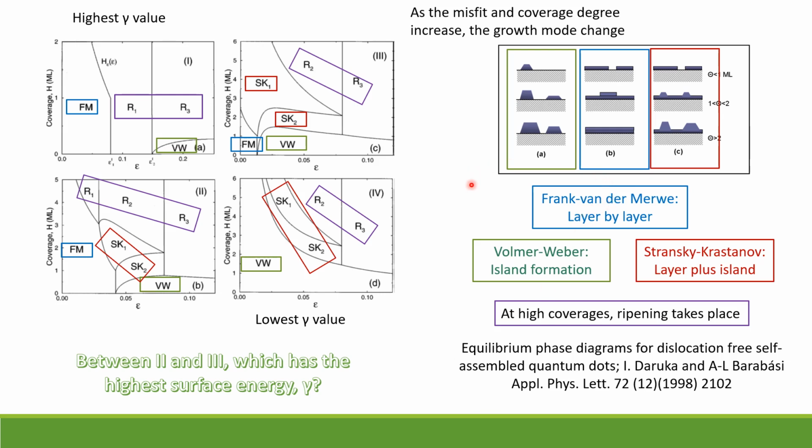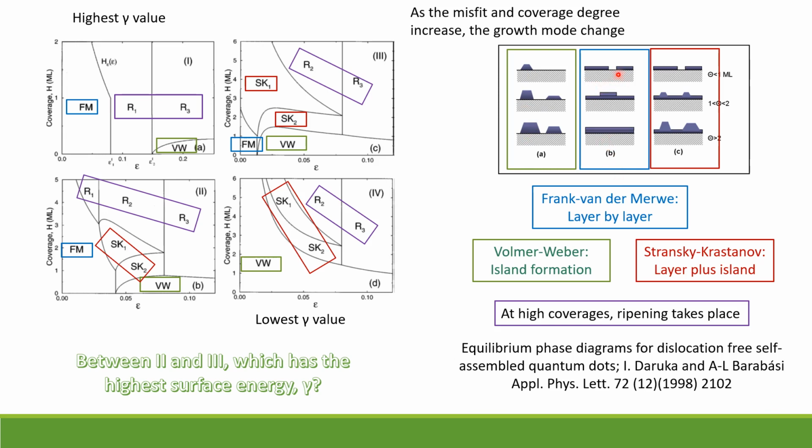There are different types of growth for thin layers, for dots, which are represented here. Then we have the Vollmer-Weber, which is island formation. I have my substrate, and as I increase the amount of material deposited, I form islands that grow.